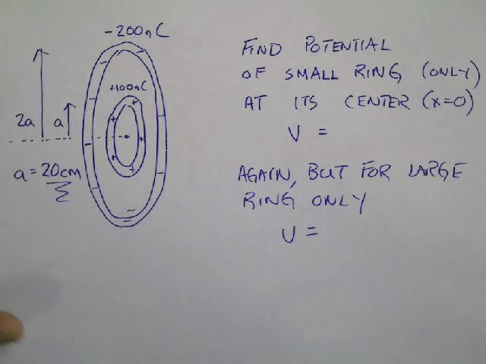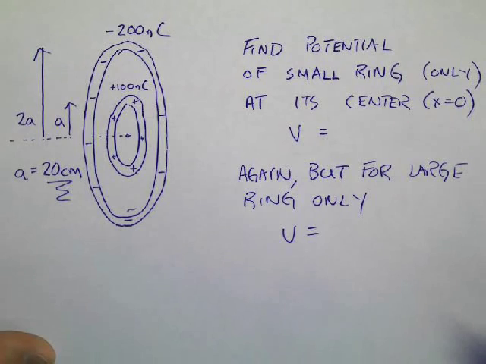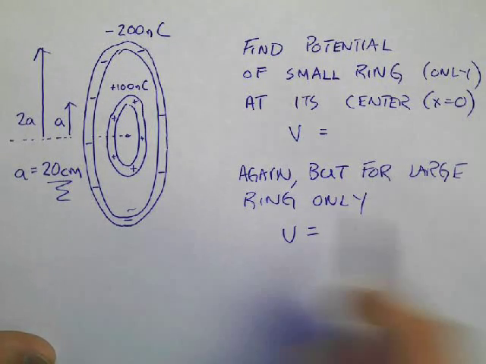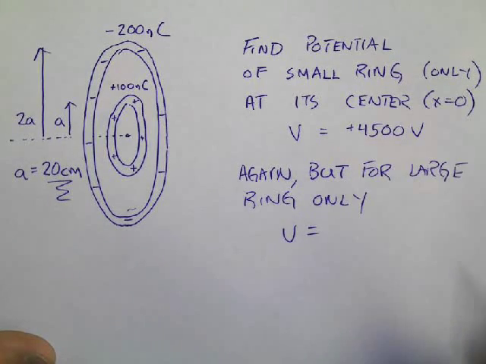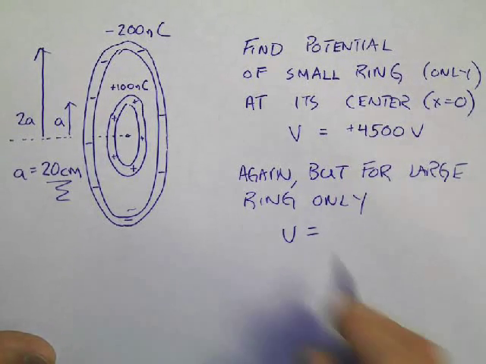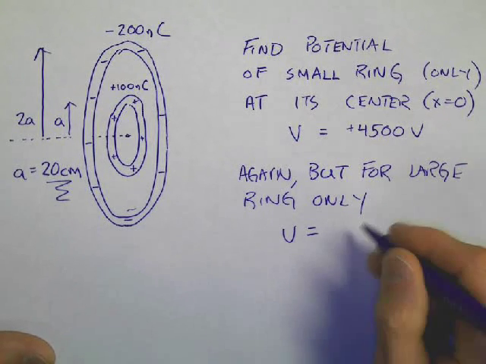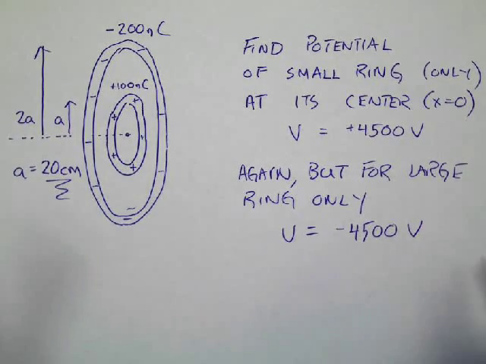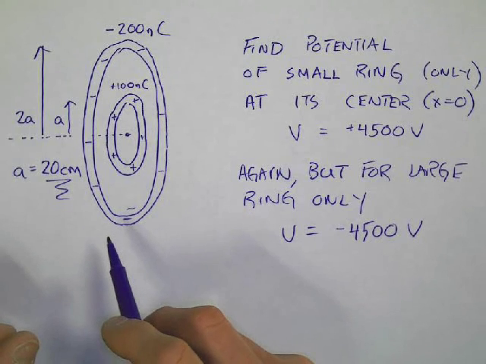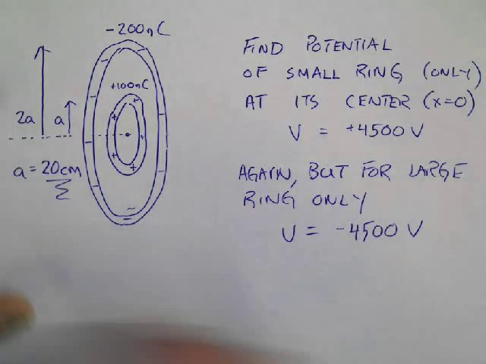Okay, so now you've had a chance to work those out. What's kind of interesting on these is that the potentials turn out to be basically the same magnitude but opposite signs. So the small ring will generate a potential of plus 4,500 volts at the center all by itself. The large ring will generate a negative potential because it's negatively charged, and that would be negative 4,500 volts. And I hope you can see the reason is because you've got twice as much charge on the large ring, but it also has twice the radius. So those two things kind of cancel out.